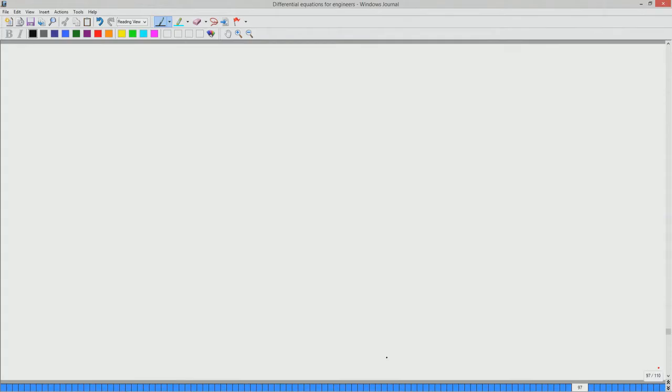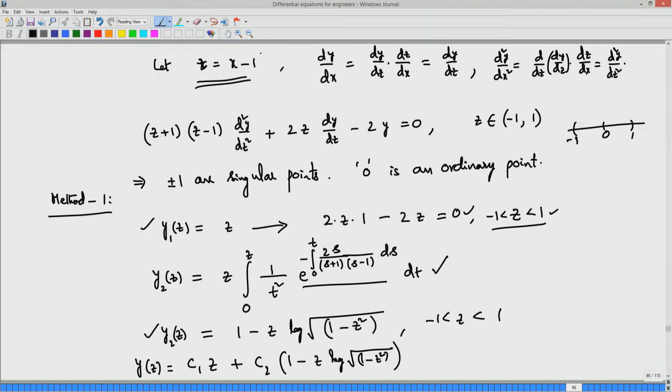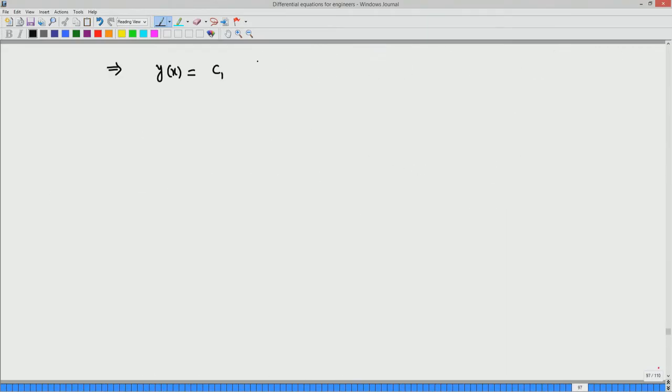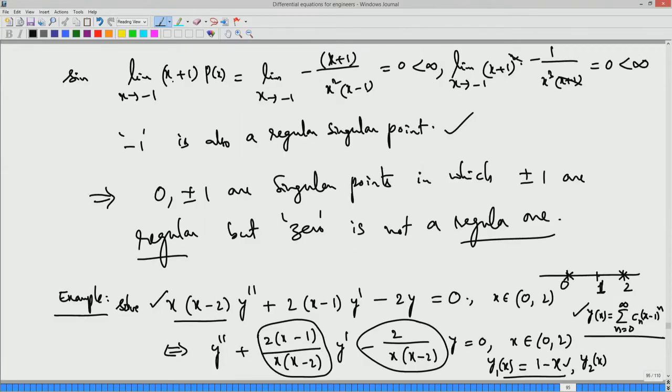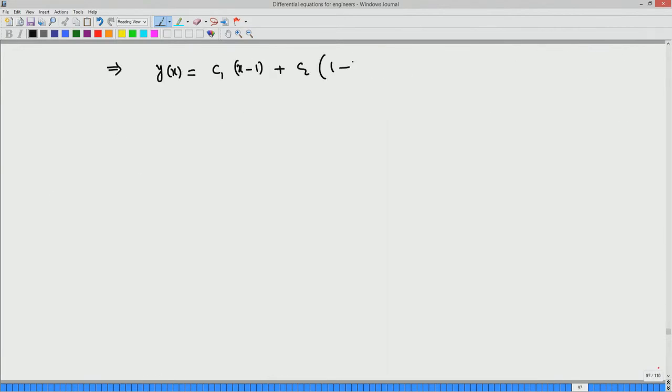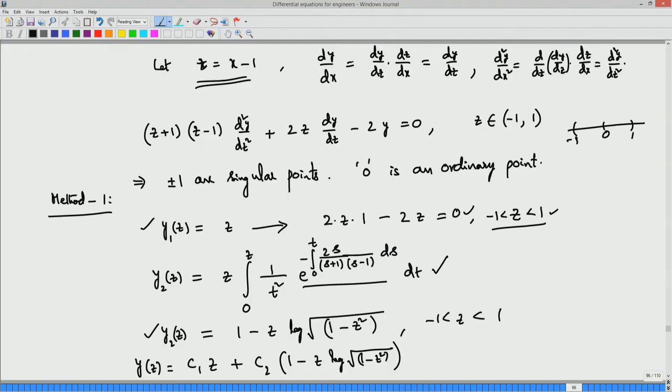So, you can go back to the original variable and write y1 of x as a general solution. In terms of x, you can write c1 times x minus 1, since z is x minus 1, plus c2 times 1 minus z, with log of the square root of 1 minus z square.